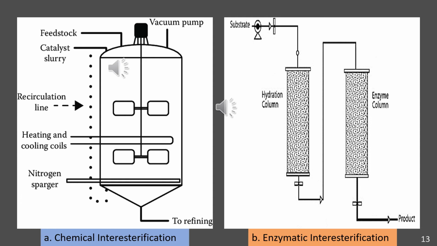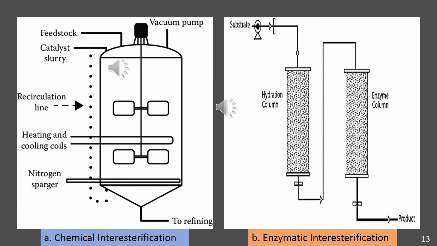You can see on the right side of the batch reactor there is a catalyst slurry present. So here the catalyst is tucked into the reaction vessel and dispersed to form a white slurry.